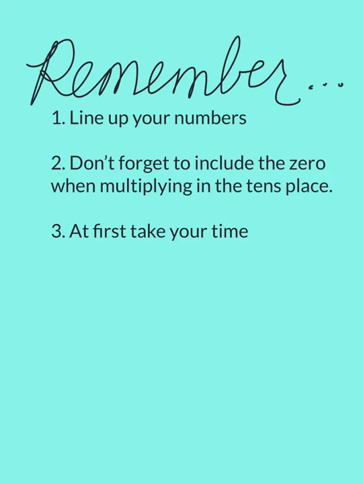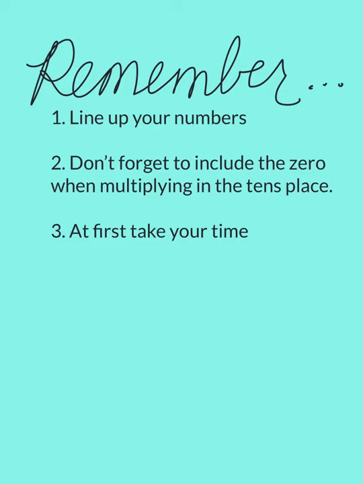All right, before you get started on your own, I want you to remember the following 3 things about this important skill. Number 1, you must line up your numbers in very neat vertical columns. It will be essential to making sure that you get the right answer. Number 2, don't forget to include the 0 or the space when multiplying in the tens place.